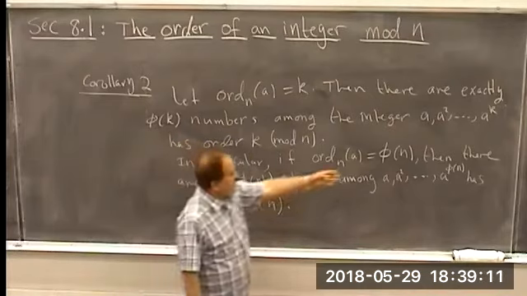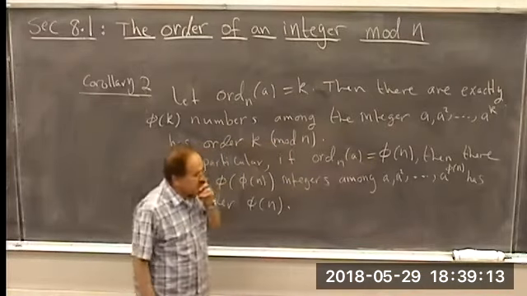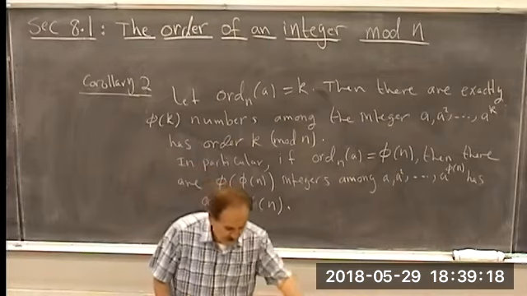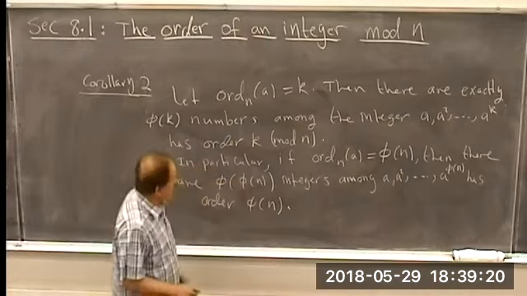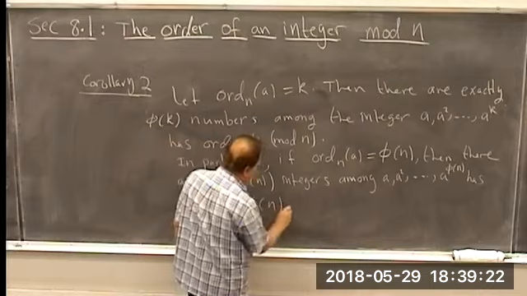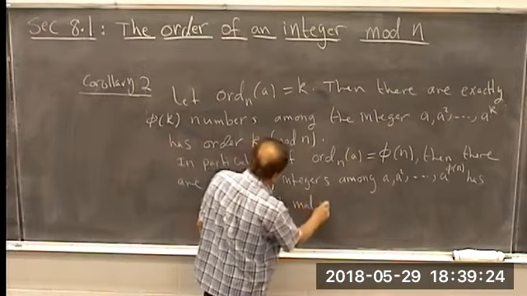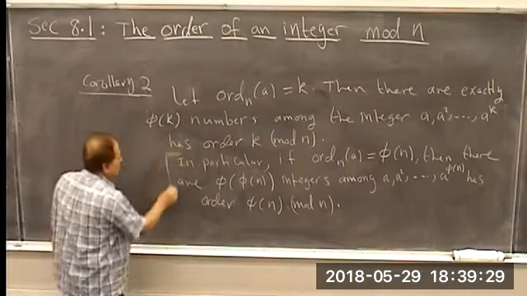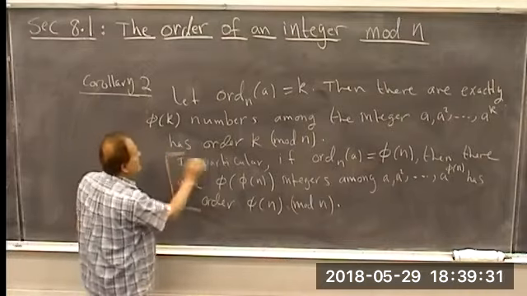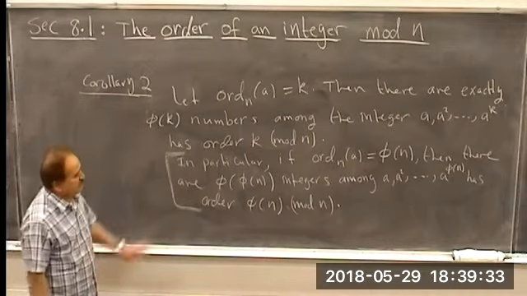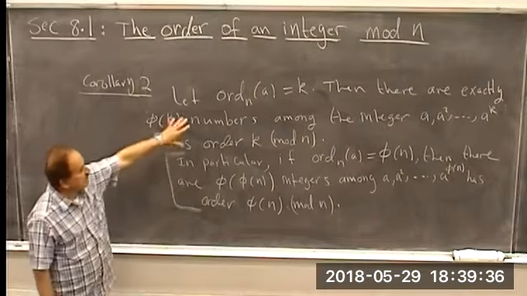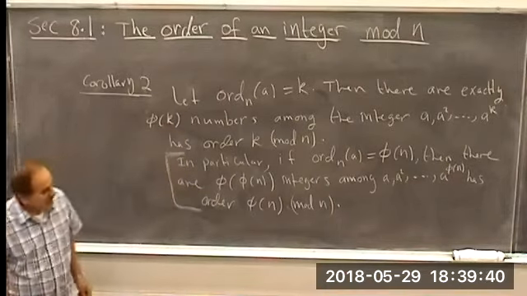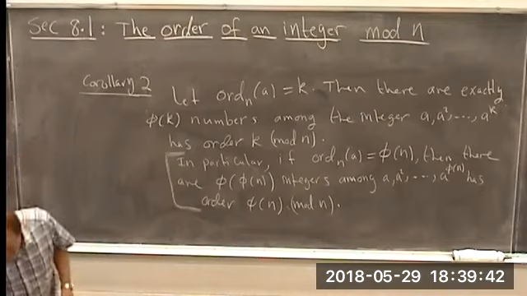Once k is equal to this, that's really what this statement is saying: there are phi of n of these numbers that have order phi of n mod n. All right, this part is actually another corollary stated later on. Since it is a natural place here, that's what it is. Once I show this, then this will be a special case. All right, let's prove the first part.